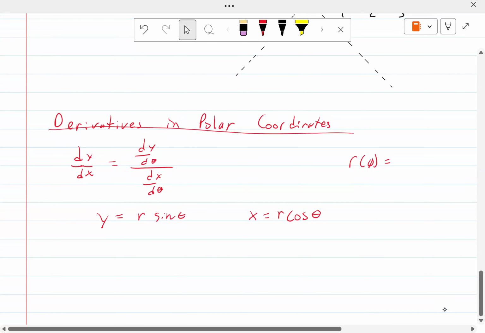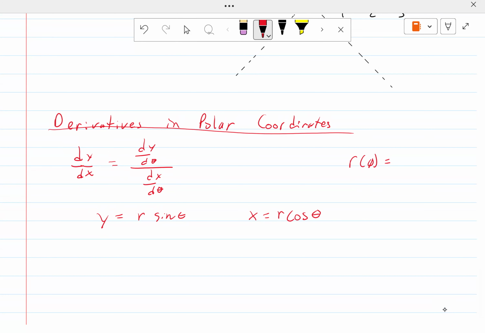Because y is equal to r sine theta, and x is equal to r cosine theta. So if I take the derivative of y equals r sine theta, now r is a function of theta. Keep that in mind. r is its own function, so it's not a constant here.